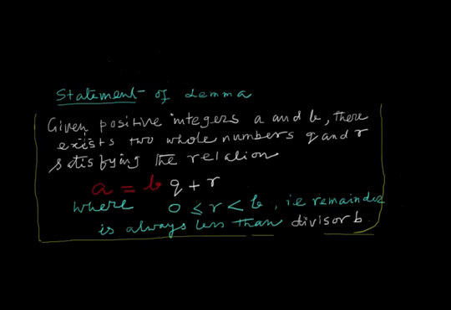Now what is the statement of Euclid's lemma? Given positive integers a and b, there exist two whole numbers q and r.